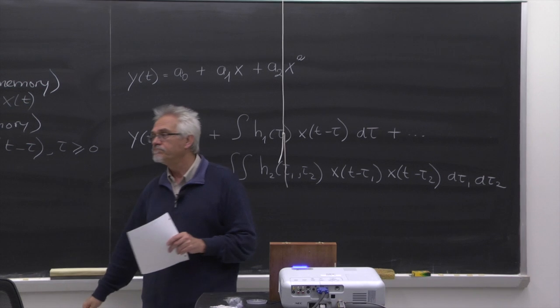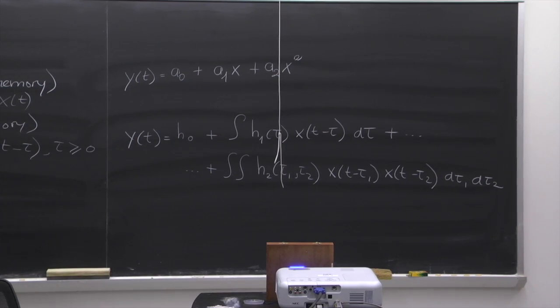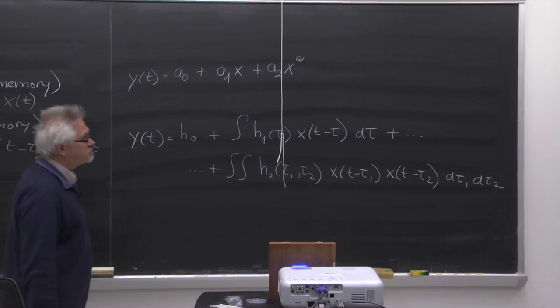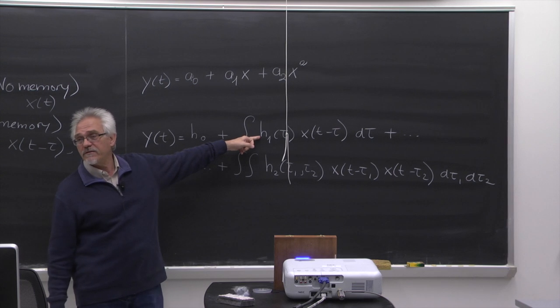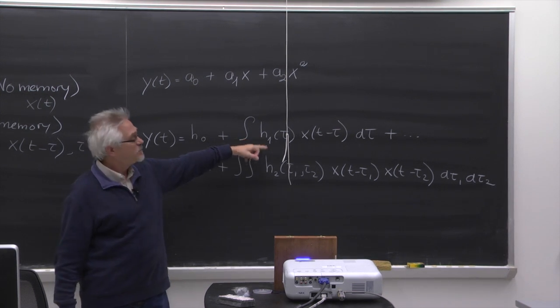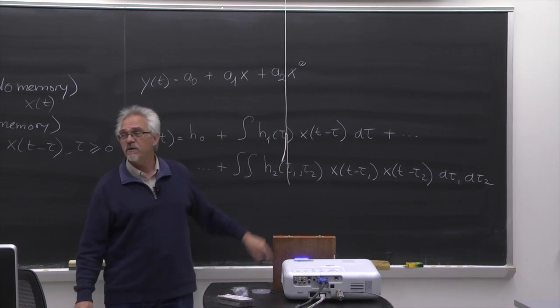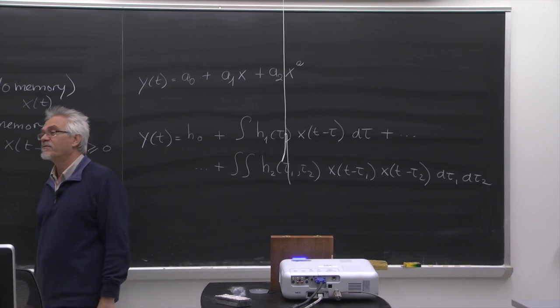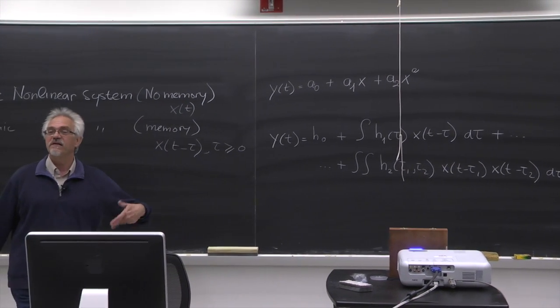So it's kind of a long expression, but in a way it's not unexpected, because if this copies a characteristic function of your system with one copy of the input, then the second order term is doing that with two copies. And you guessed it, the third order term is with three copies, and the fourth order term with four copies, etc., etc., etc.